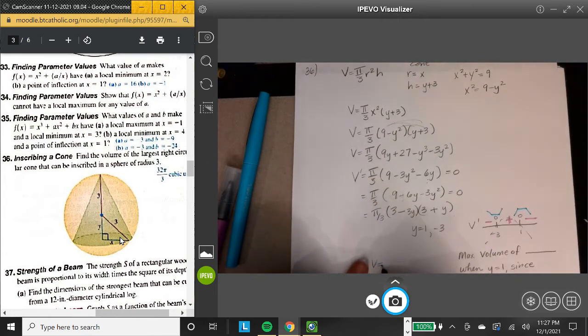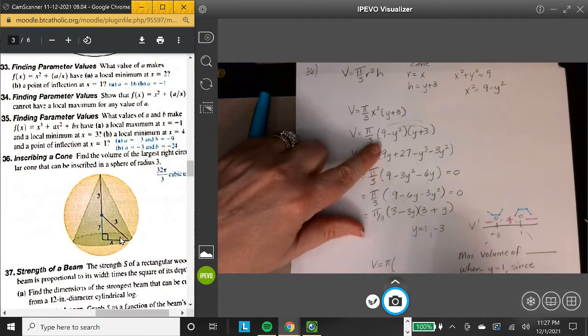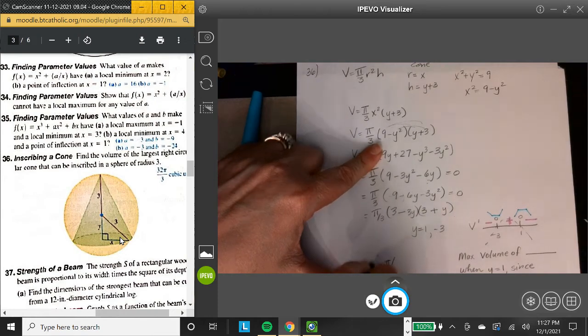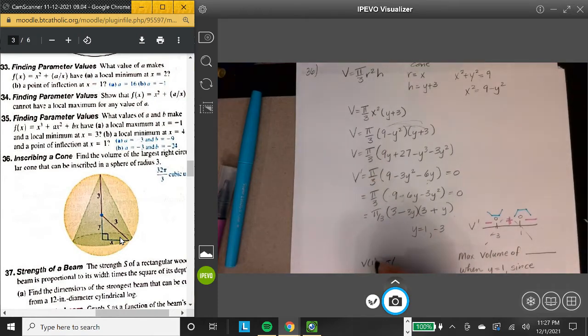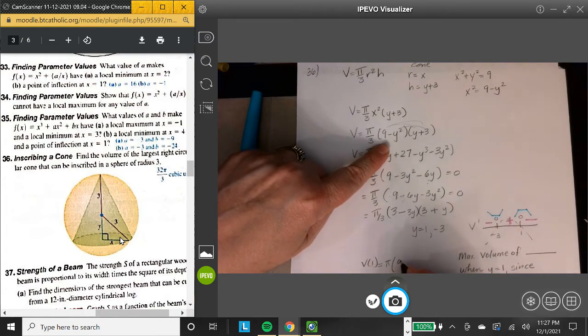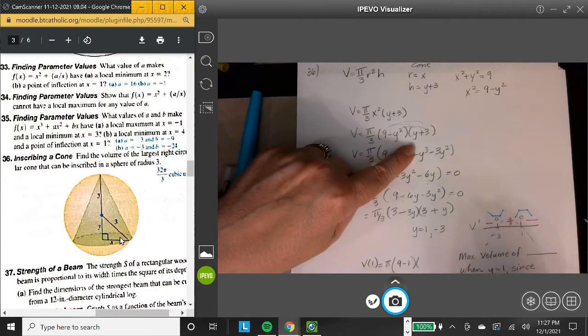So volume is equal to pi times, I'm going to put 1 in for y. This is v of 1. I'm going to use the one with the y's in it, which is this one. So 9 minus 1 squared, which is 1, times 1 plus 3.